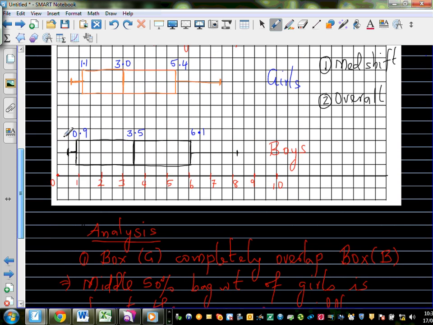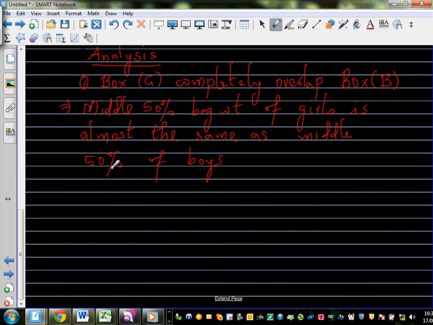The second thing is, if you look at the median shift, you're looking at this value. This is the median for girls, which is 3, and the median for boys is 3.5. The median shift means the difference in the median.